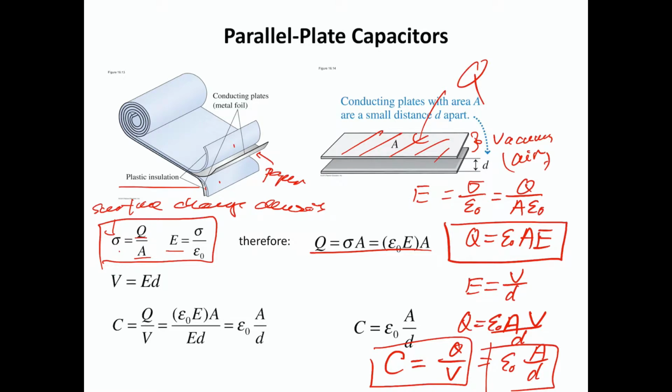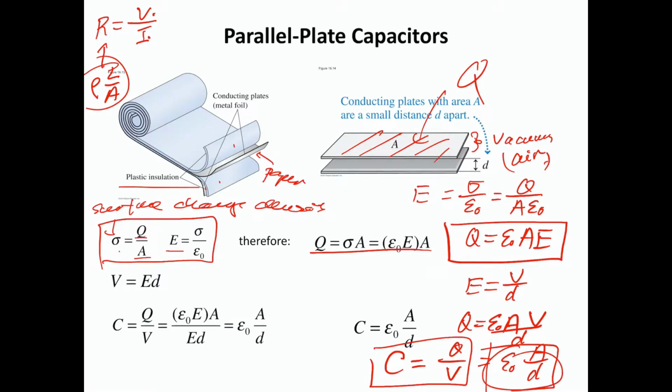This is similar to resistors. Resistance, remember I said, is V over I: for each current, how much potential you require to push it through. So this part here is similar to this part.